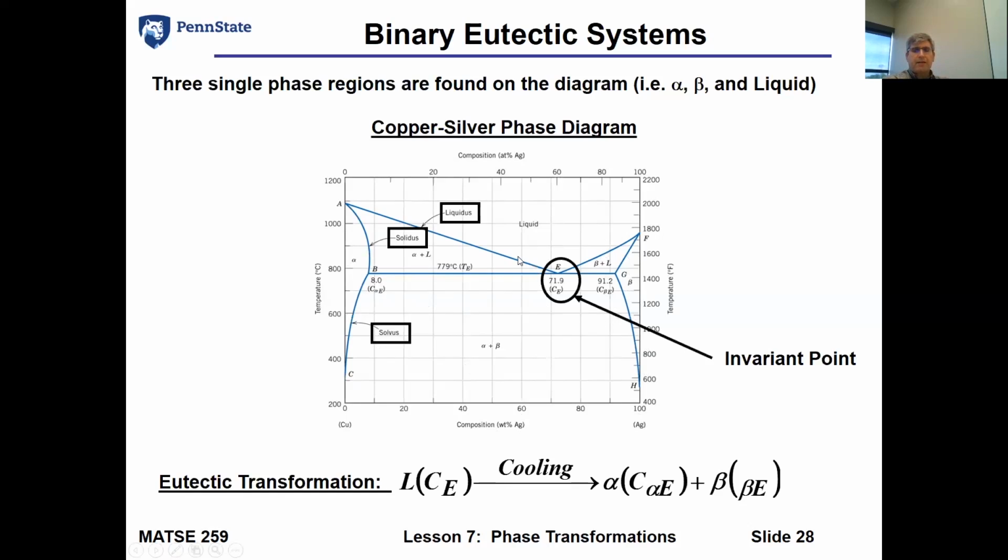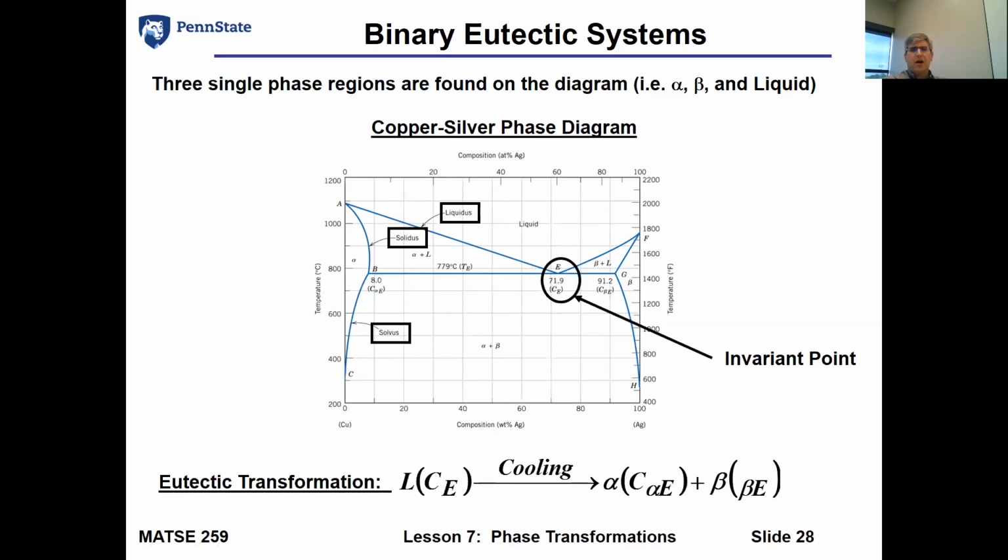Now, when we look at these types of phase diagrams, a cue that I always look for when presented with a phase diagram I may not be familiar with is a horizontal line. A horizontal line tells me that somewhere along there I'm going to have an invariant point, because it's telling me that at that single temperature, nothing is changing. So horizontal is a key that there's something different about this.